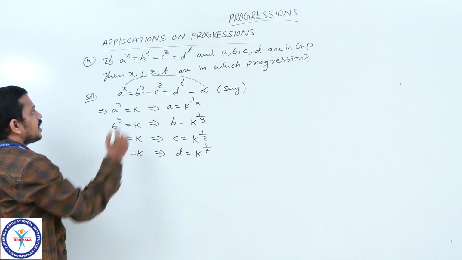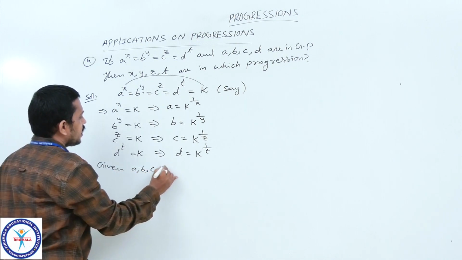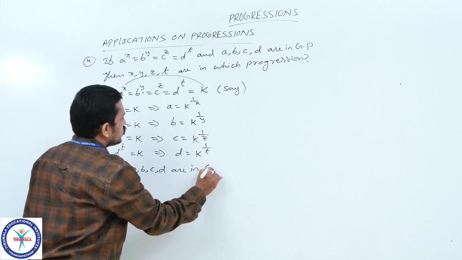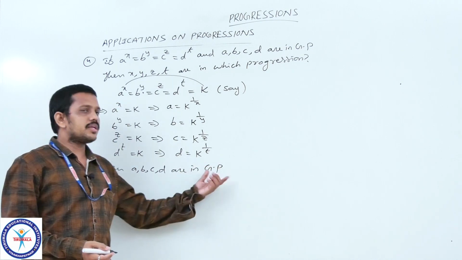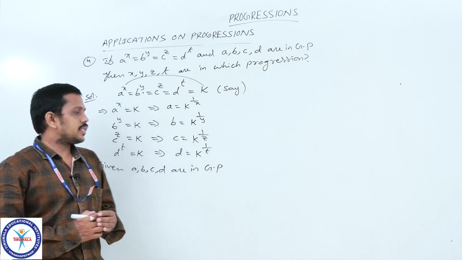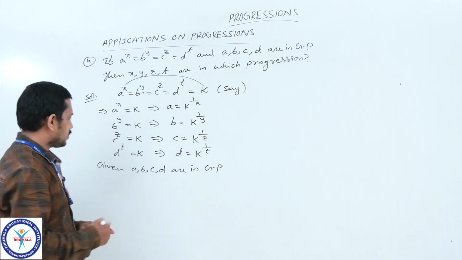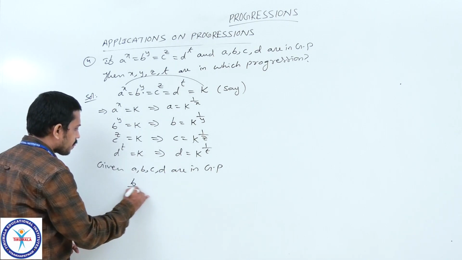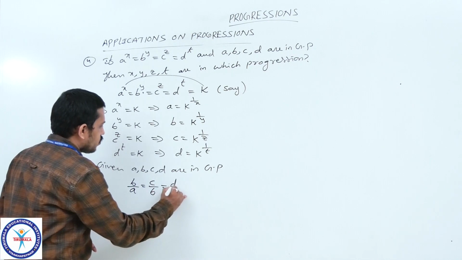Now here it is given that a, b, c, d are in geometric progression. If these terms are in geometric progression, it means the common ratio between any two consecutive terms is constant, so b/a = c/b = d/c.